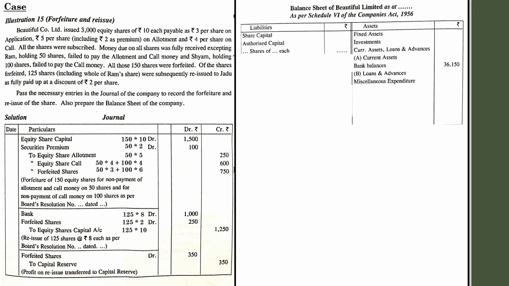Next one. In the share capital side, you can show the total amount of capital raised, that is 3,000 equity shares of 10 each, that is 30,000. But the company didn't receive 30,000 because the subscribed shares are 2,975 shares of 10 each, that is 29,750.